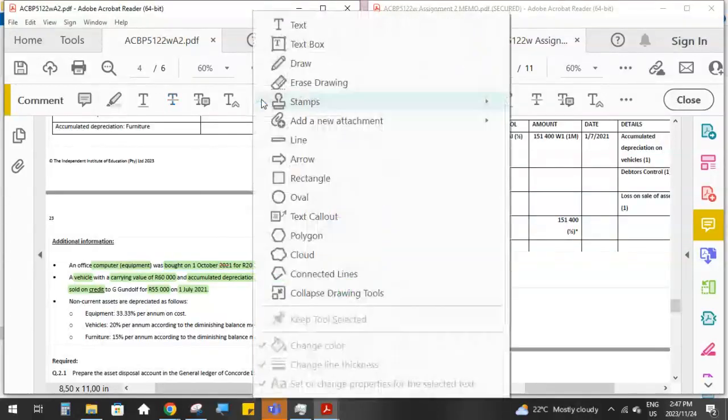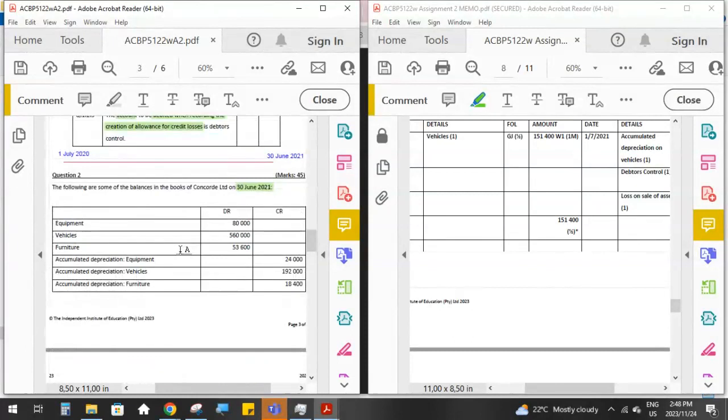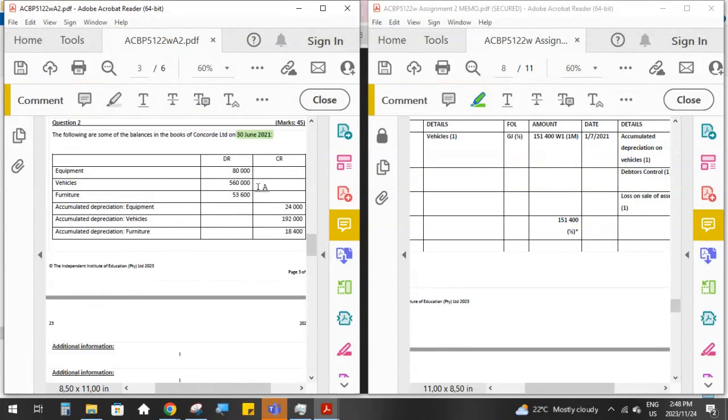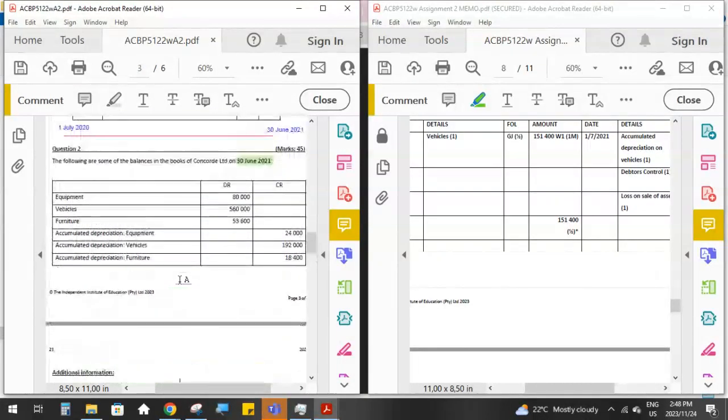There we go. And we are going to change that to October 2020, because our year ended on the 30th of June 2021. So October 2021 would only be in the next year. So we bought it in October 2020.